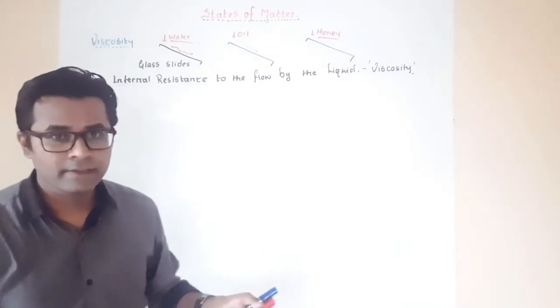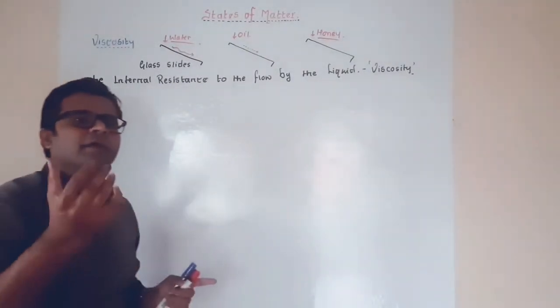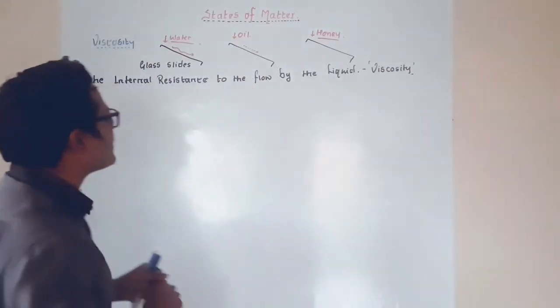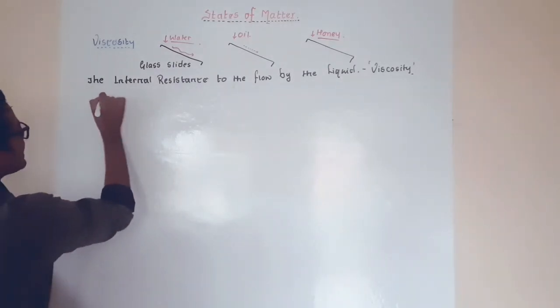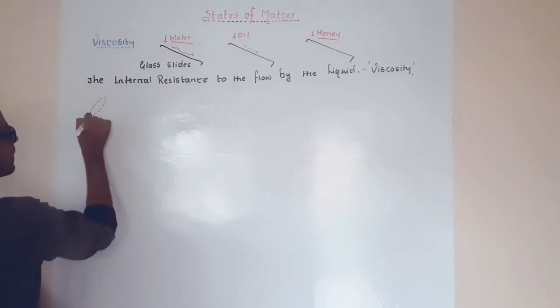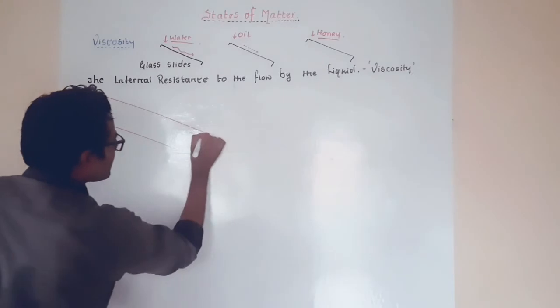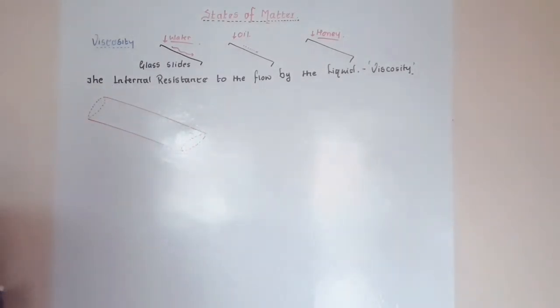Quite simple as that. Okay, now in order to understand this particular term viscosity in a much better manner, what we will do is take a glass tube. Let us say that this represents a glass tube.